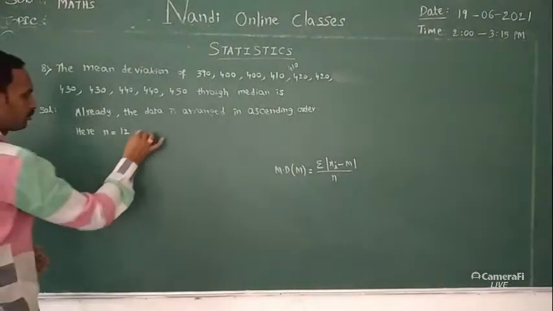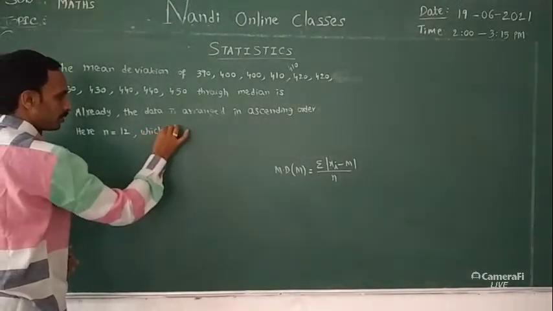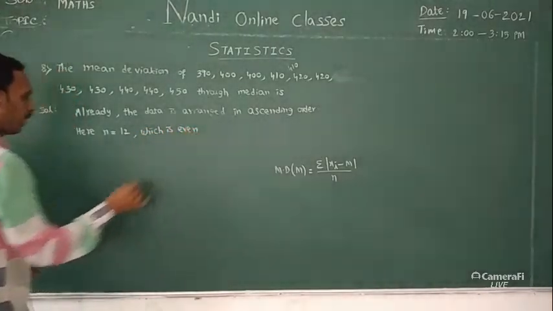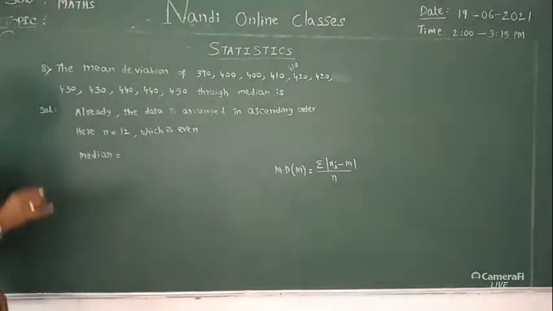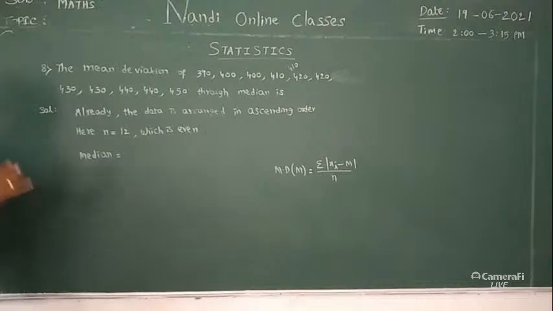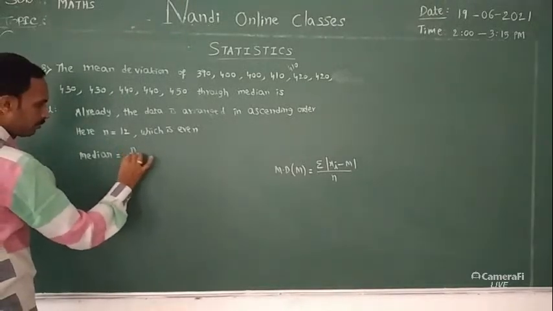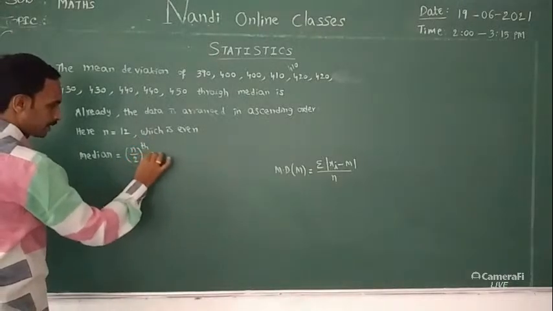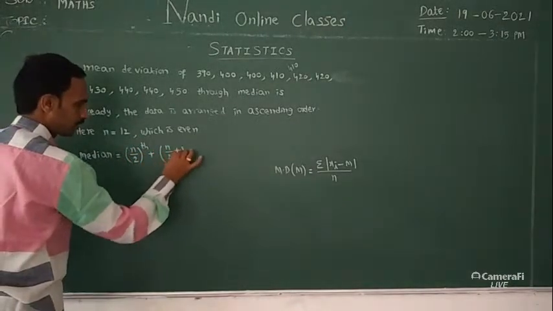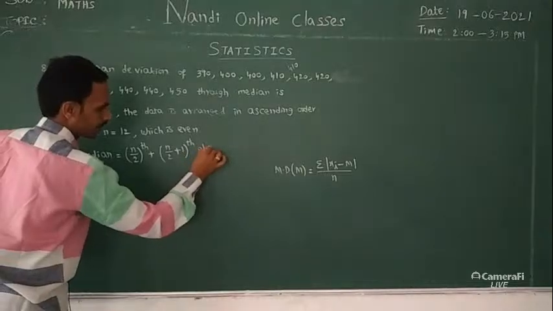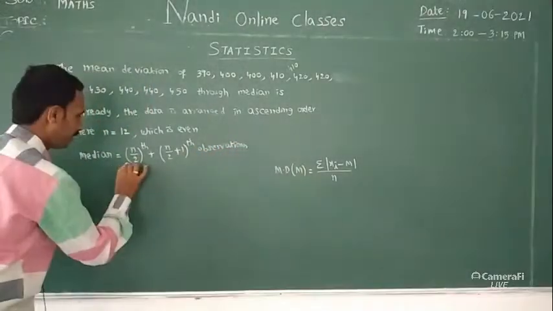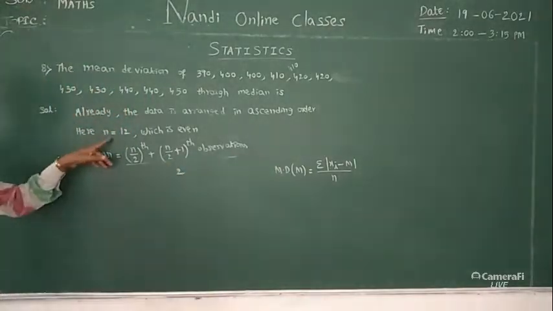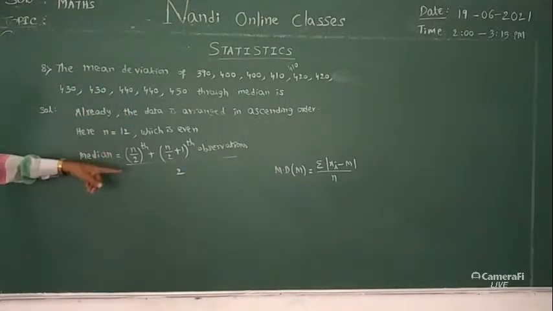So the median formula for even n is: the n by 2th observation plus the n by 2 plus 1th observation, whole divided by 2.